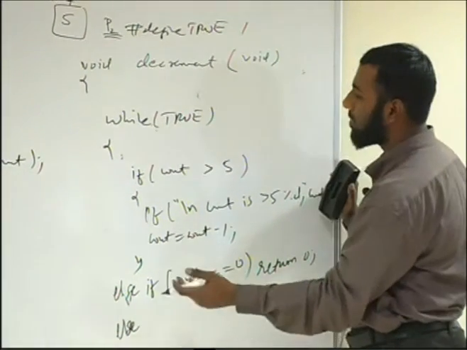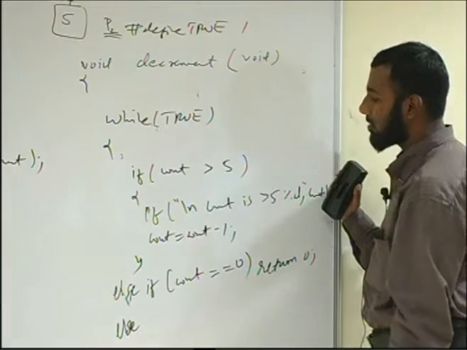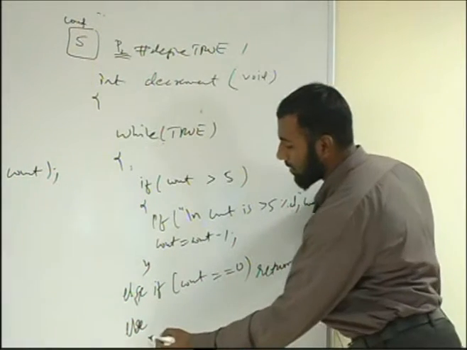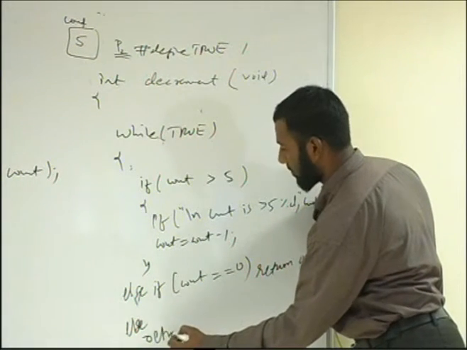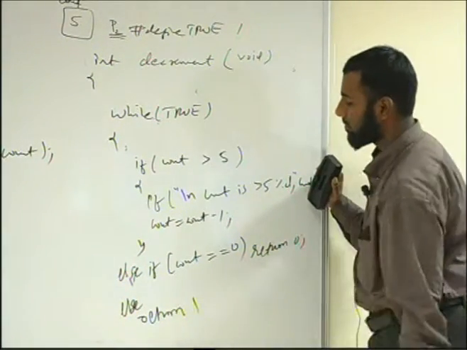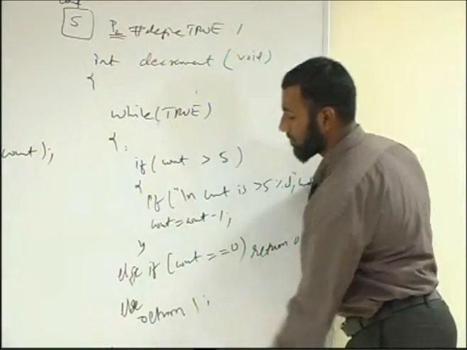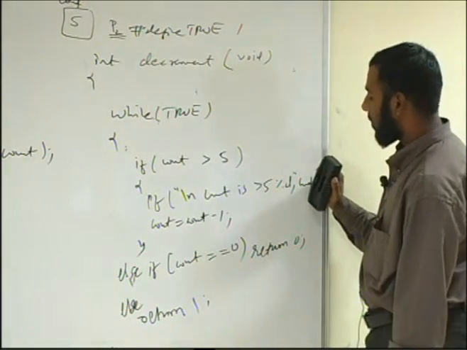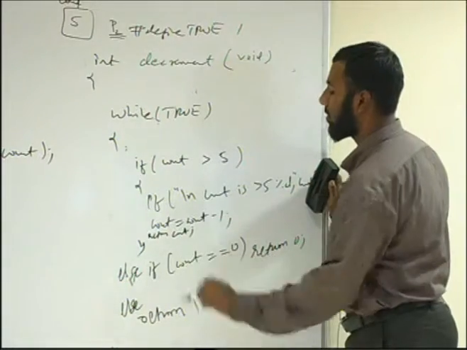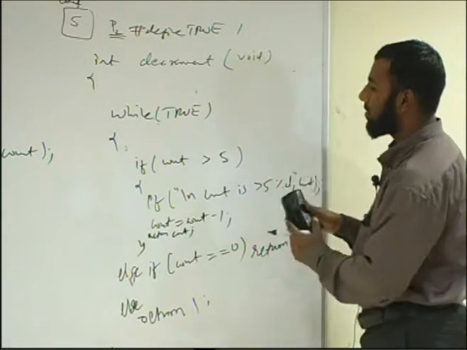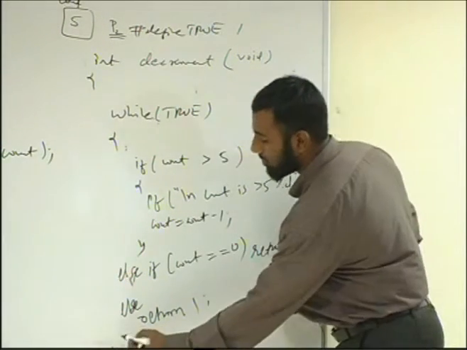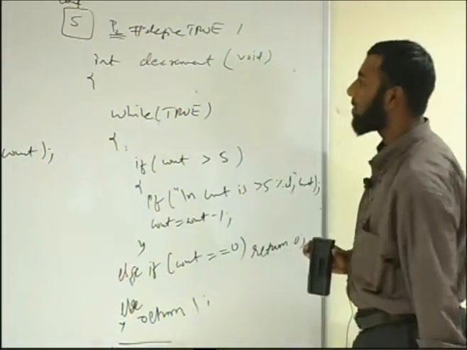Else, if the value is neither greater than 5 nor less than 0, then it returns 1. So where it is returning count. Now, if I execute this, at the end I will return it.